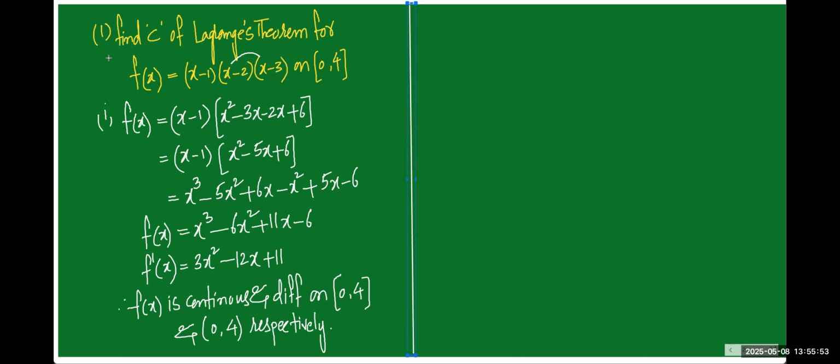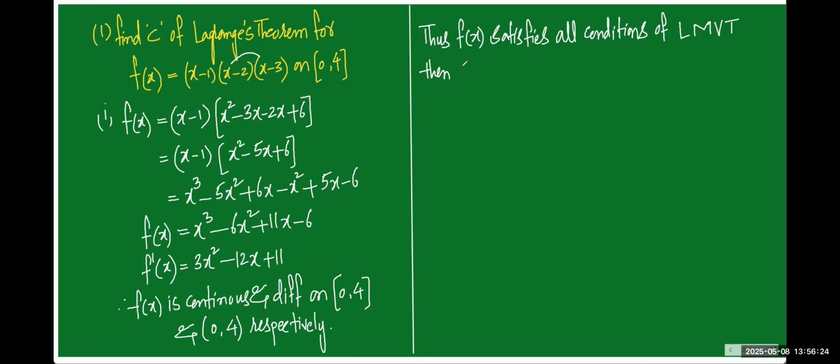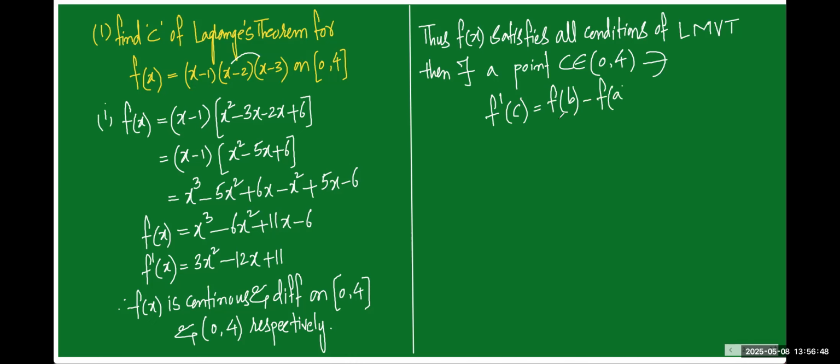Therefore, thus f of x satisfies all conditions of Lagrange's mean value theorem, then there exists a point c belongs to a comma b such that, what's the formula? F dash of c is equal to f of b minus f of a by b minus a.